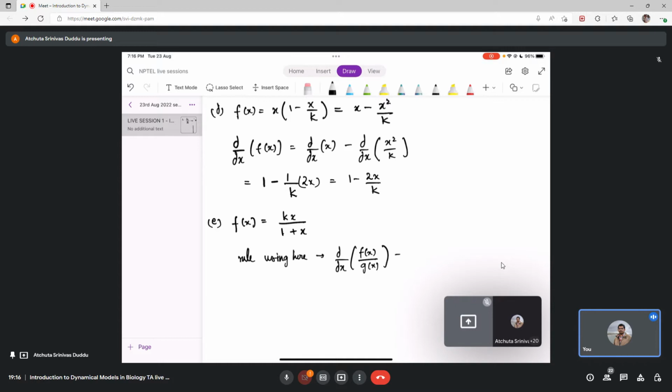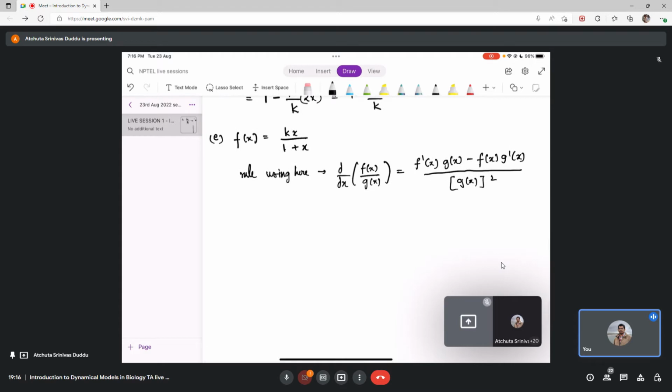Then d by dx of this is f dash of x, or f prime of x, which is essentially d by dx of f of x, just a shorthand notation, into g of x minus f of x into g dash of x or g prime of x, the whole divided by g of x whole square, right?